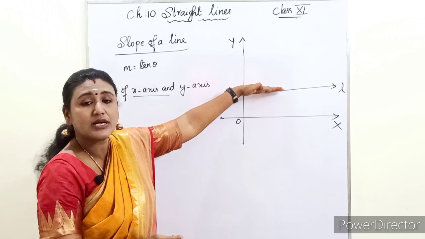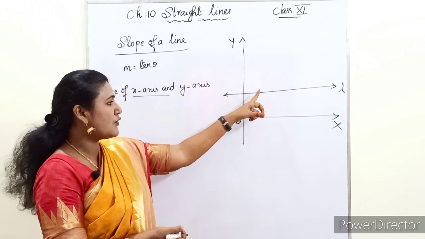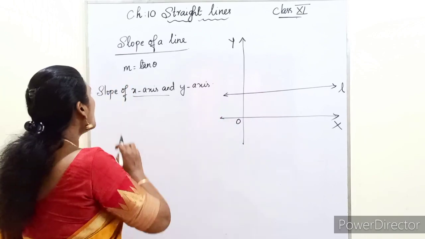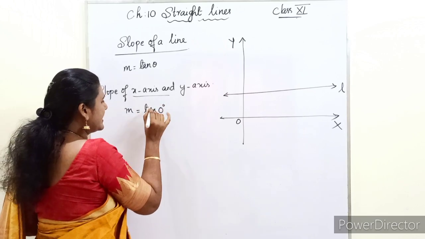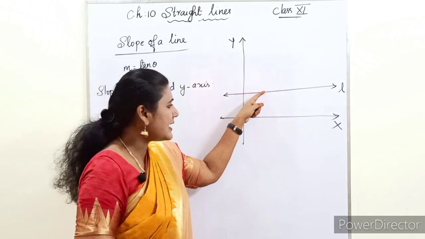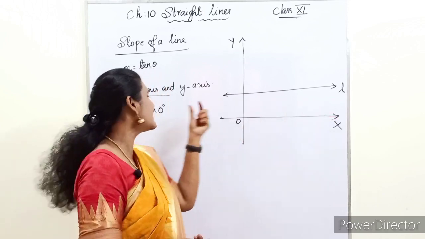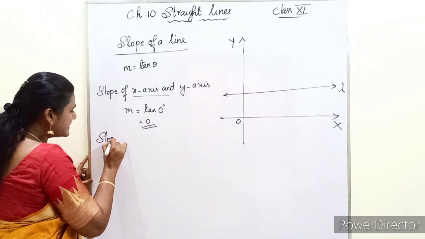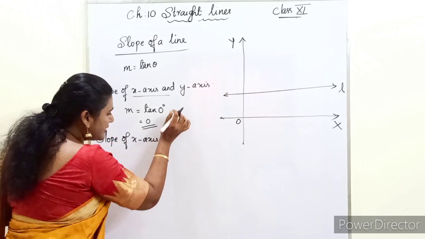For this line L, the inclination is 0 degree. So what is the slope? m is equal to tan 0 degree, which is equal to 0. So for a line parallel to x-axis or coinciding with the x-axis, the slope is 0. So we can say that the slope of x-axis is 0.